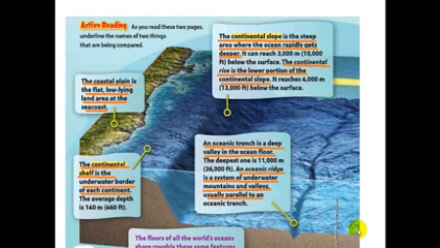What do we find in the basal plain? An oceanic trench is a deep valley. Here, this part in the ocean or the basal plain has an oceanic trench or very deep valley in the ocean floor. And also we have an oceanic ridge. The ridge is a system of mountains and valleys underwater.